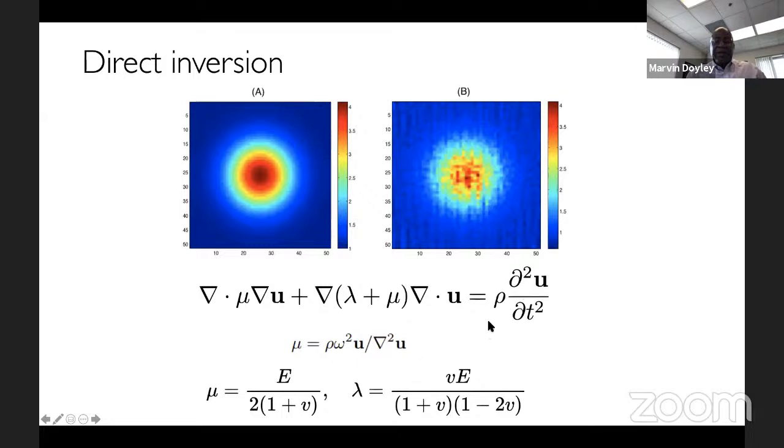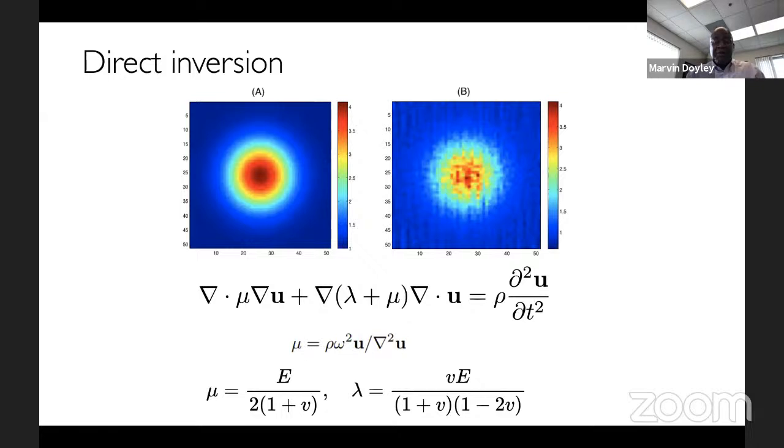So the simplest equation that you can solve is this: that bit of the equation is gone, this is del squared u, and you just divide by omega squared, and it's a simple inverse problem.